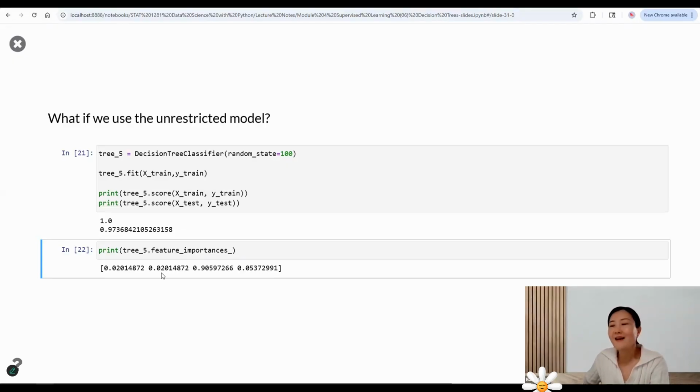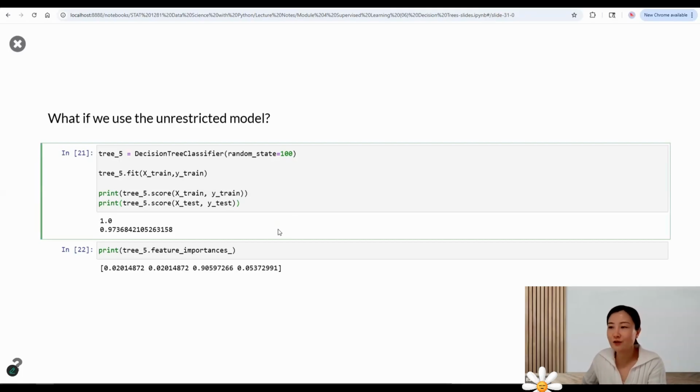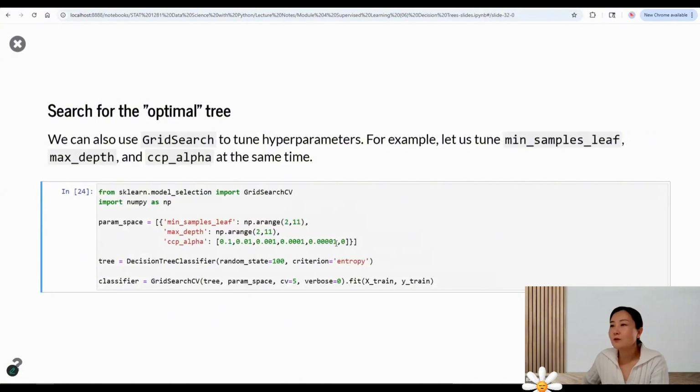That's why when I saw this non-zero importance for the first two features, I was a little bit shocked, because I thought only two features were loaded. But actually, we loaded four features in the second tree model.